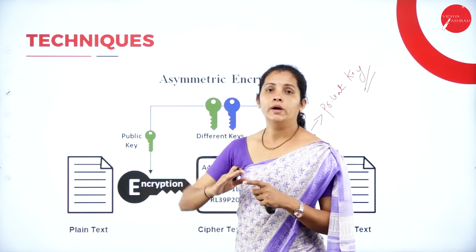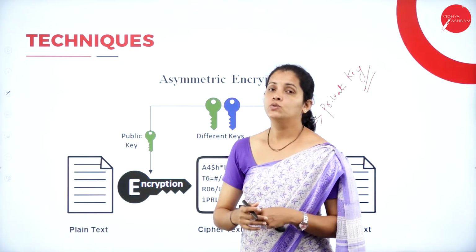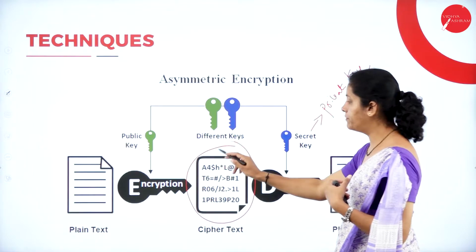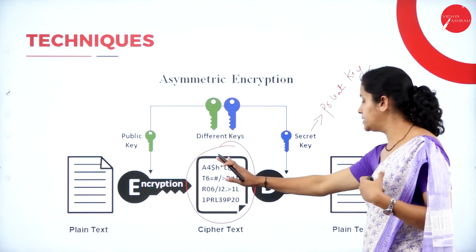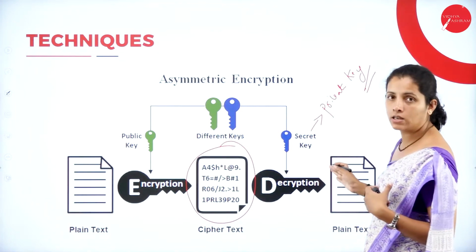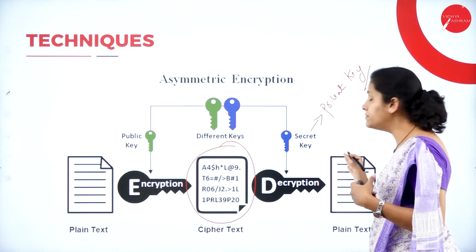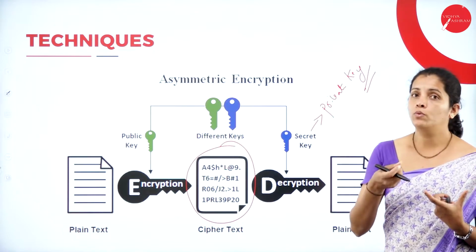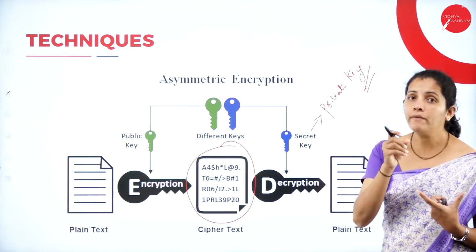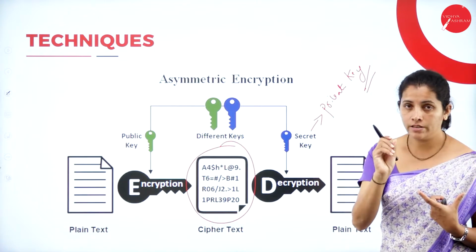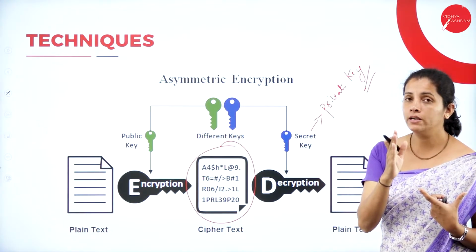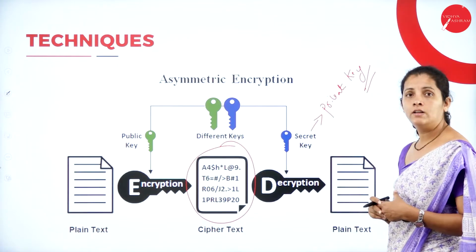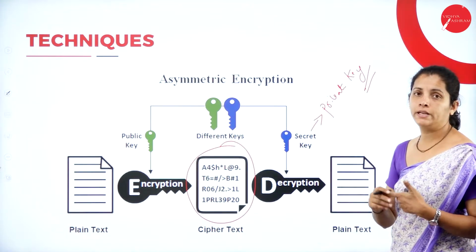That means to encrypt the data, I'm going to use the public key. After encrypting the data, what will I get? I'm going to get the ciphertext, and I'm going to send that ciphertext to the receiver. On the receiver side, to decrypt the data, what will I do? I'm going to use the private key of the receiver and decrypt it.